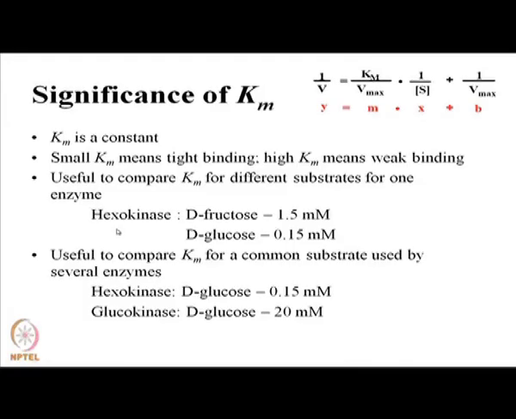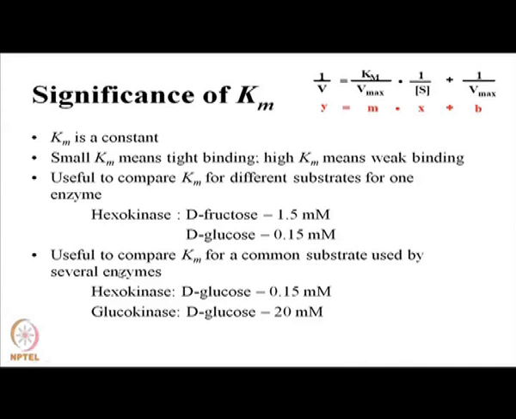So for example, if we think of this enzyme hexokinase, when the substrate is D-fructose, Km is 1.5 millimolar, whereas for D-glucose it is 0.15 millimolar. So, the value of Km for D-glucose is less, that means here it is tight binding.